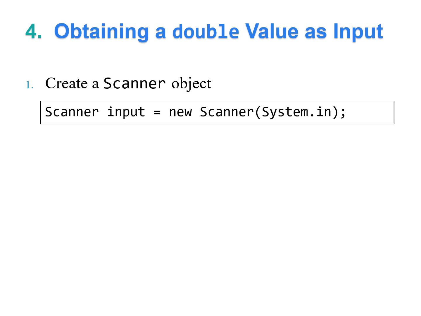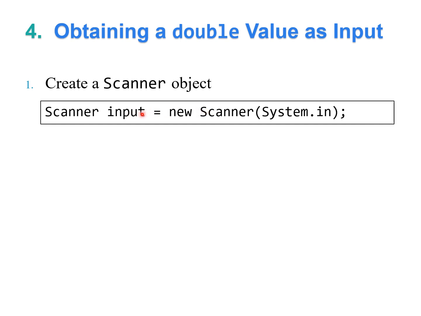First, you need to have a Scanner object created. You can use the same Scanner object that has been created and used to obtain other inputs in the program. For example, suppose you have created a Scanner object from this statement and stored it in the variable input.